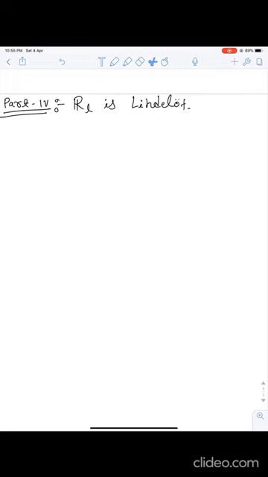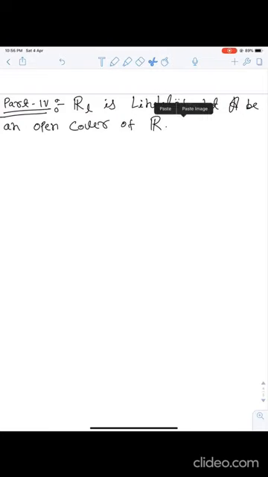That means we choose one arbitrary open cover and then we find one countable subcollection of that open cover which covers R. So let script A be an open cover of R. Now let X belong to R. Since the collection script A covers R, there exists A belonging to script A such that X belongs to A, right?